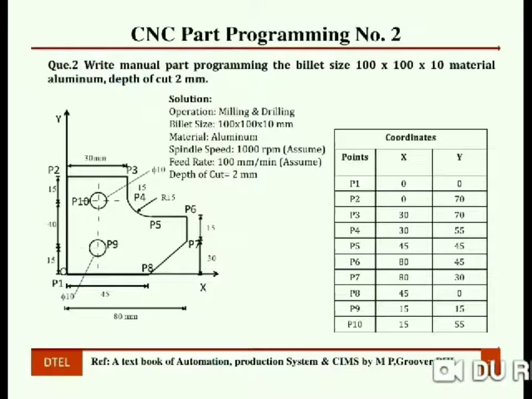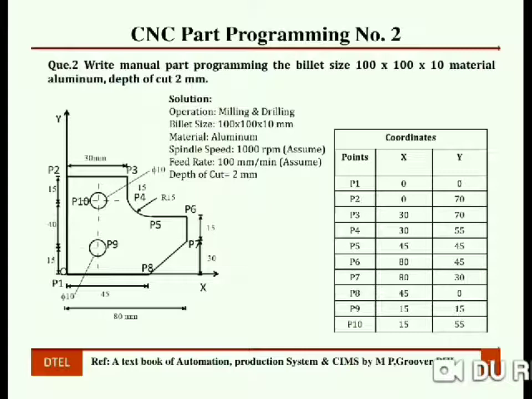Then spindle speed 1000 rpm, we have assumed it because it is not given in the program or question. Then we have also assumed feed rate 100 mm per minute, and depth of cut is given 2 mm. So profile cutting depth of cut is 2 mm.